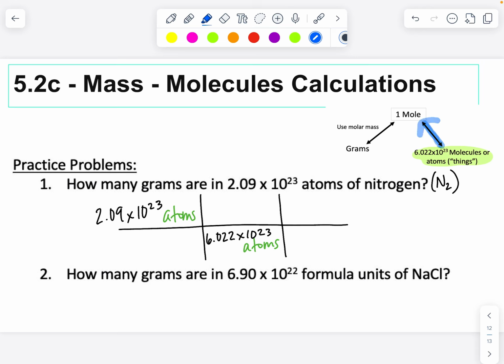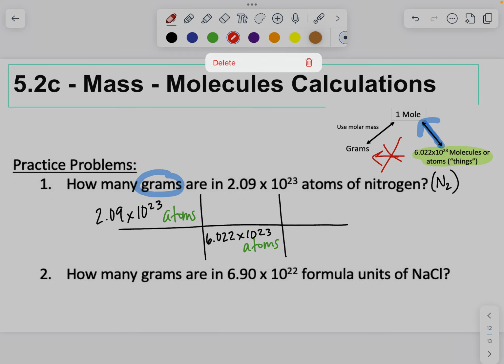The question is asking for grams, but I cannot go straight to grams. There is no line that goes directly from molecules to grams. There's no arrow, so I cannot go that direction. I have to take a roundabout way. I have to go through moles first. So my arrow is pointing to moles, so I know that moles is going to be next.